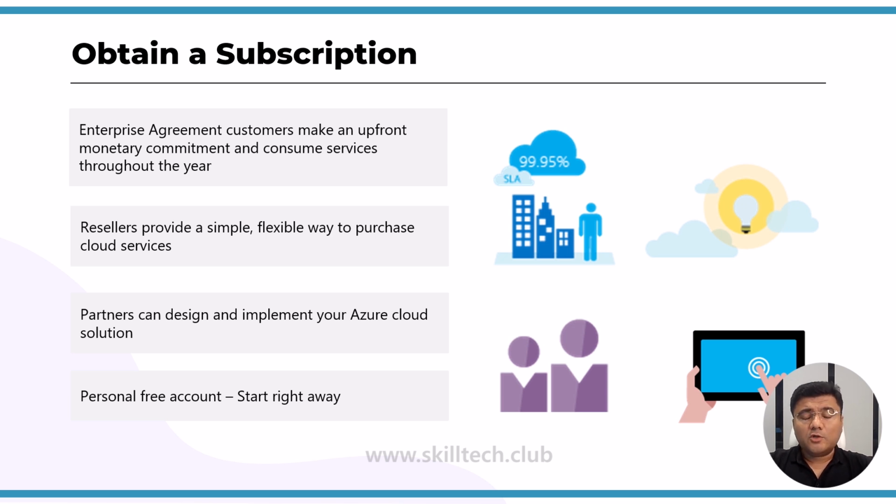Or maybe if you're an organization, you can go with an enterprise level agreement for customers, and based on that, you may make some kind of upfront monetary commitments, because in Azure subscriptions we have a couple of reserved plans. We will see that when we focus on the costing part, but that is also something which is available, and those kinds of upfront monetary commitments are what you're going to make when you go with the enterprise level plans and subscriptions.